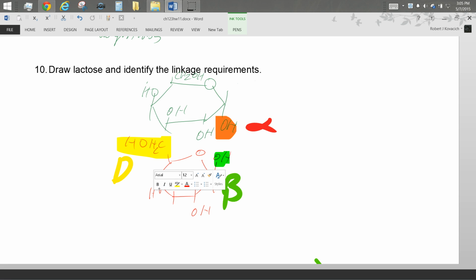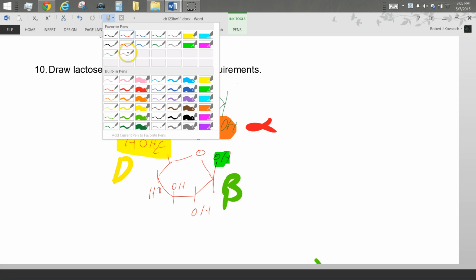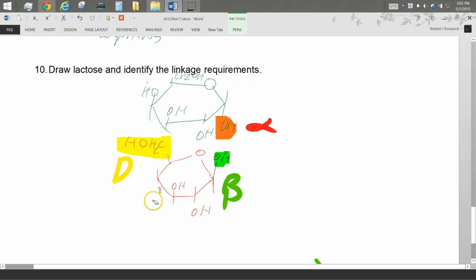Actually, the way you have it here, would that work with the glucose on the bottom, with that carbon sticking up in the way? Just a sec here. Oh, that's up.